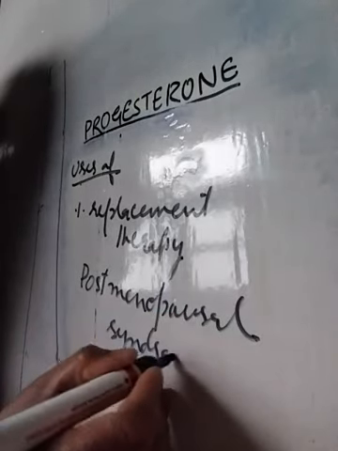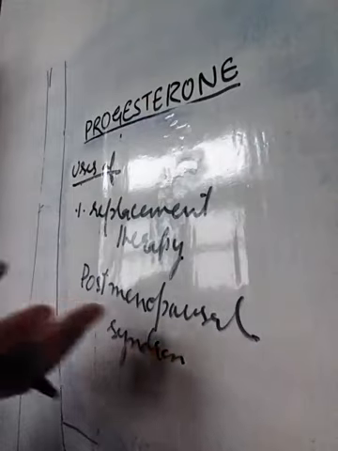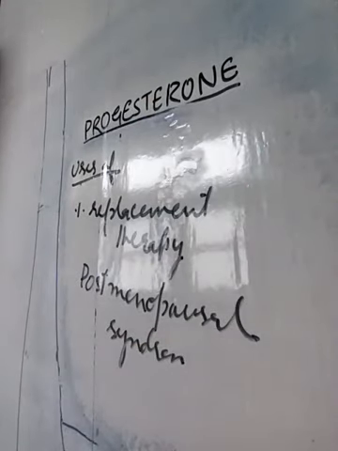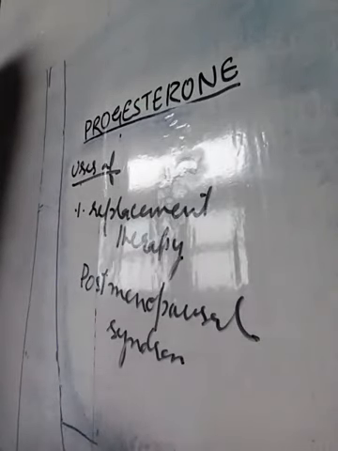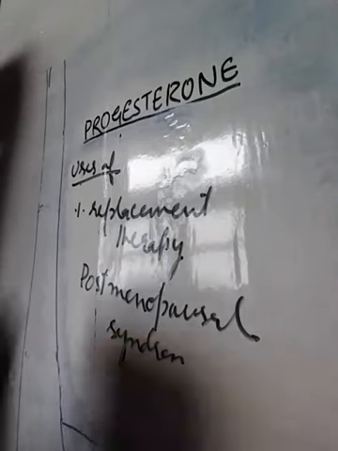This can be given as a treatment so as to avoid the menopausal symptoms like hot flushes, anxiety, etc. In that case, we can give it as a replacement therapy.